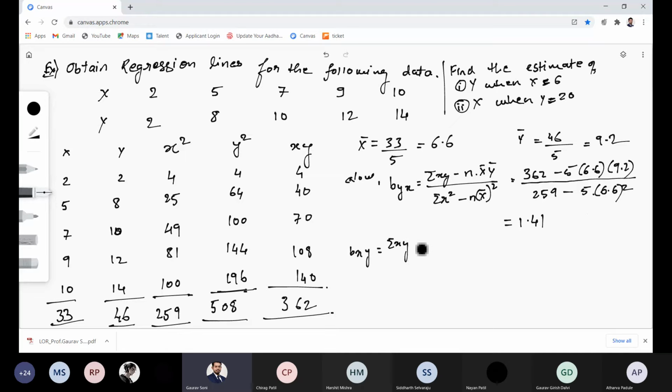Summation xy minus n times x bar y bar upon summation y square minus n times y bar square.